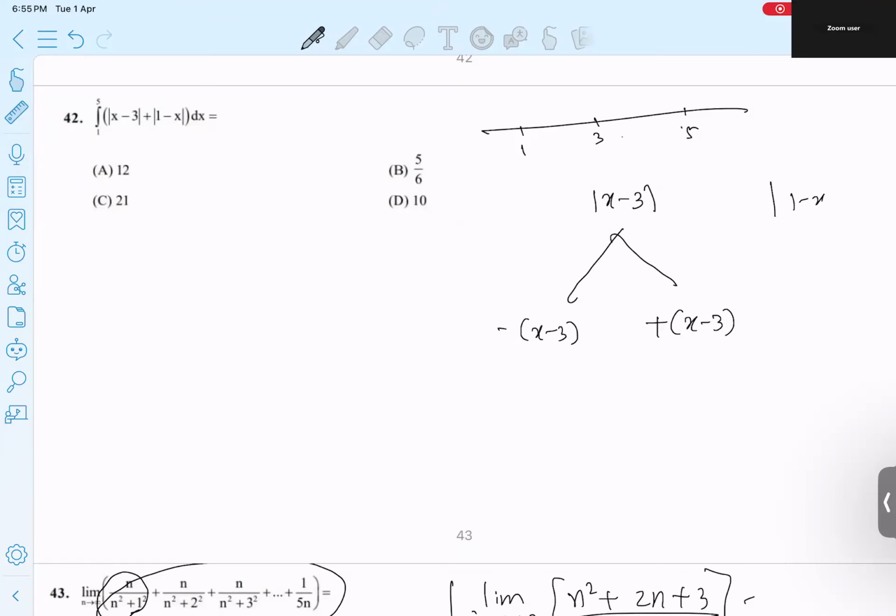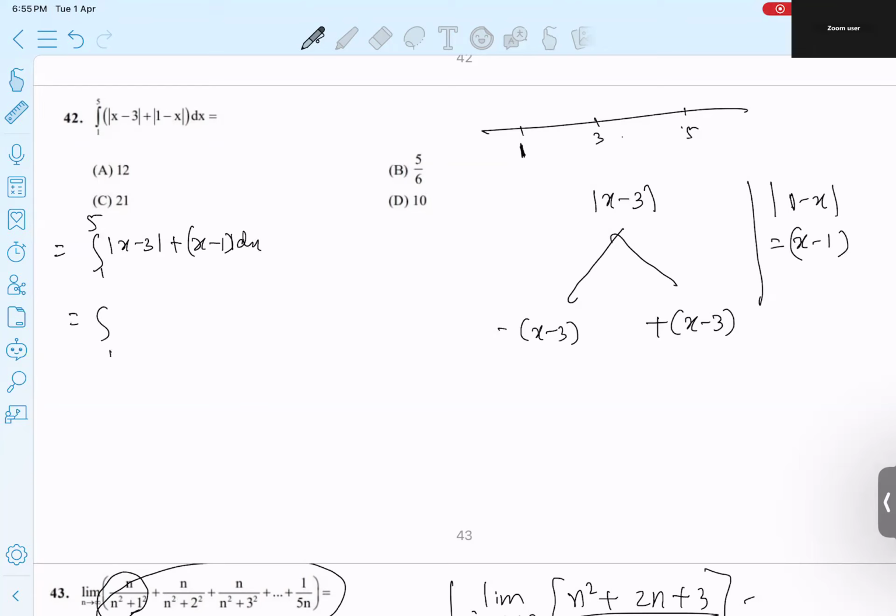But 1 minus x splits at 1, and the interval starts from 1 only. So obviously this will be positive only. This has to be written compulsorily as x minus 1. So keeping this in mind, this can be written as mod x minus 3 plus x minus 1 into dx.